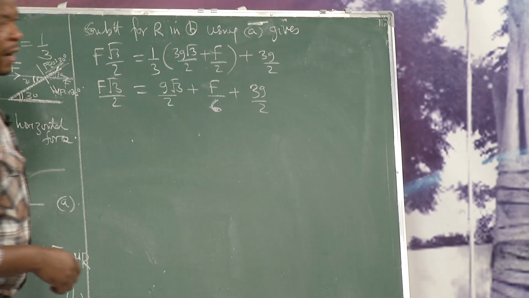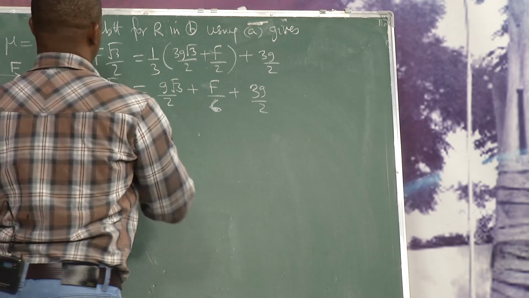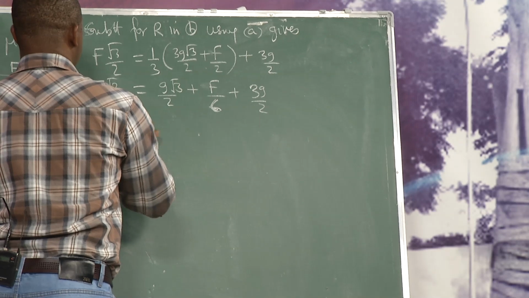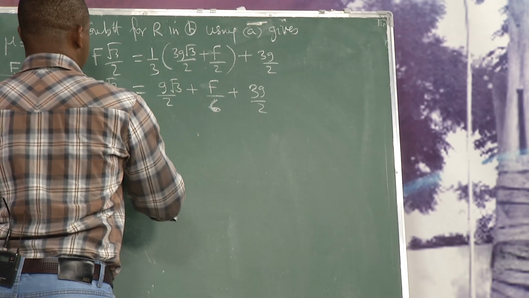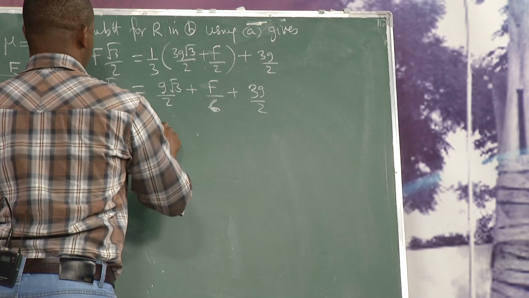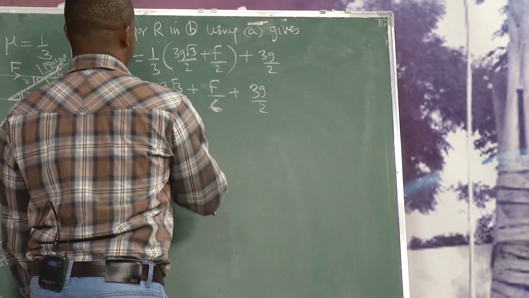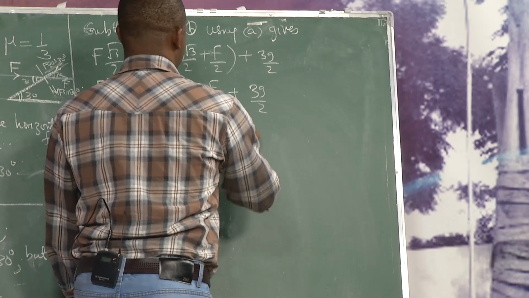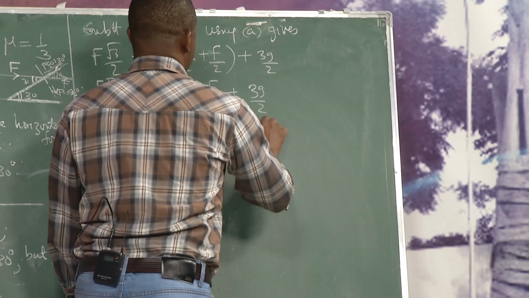So we collect like terms for F. We shall have F into root 3 over 2 minus 1 over 6 should be equal to g over 2, which is common, into root 3 plus 3.